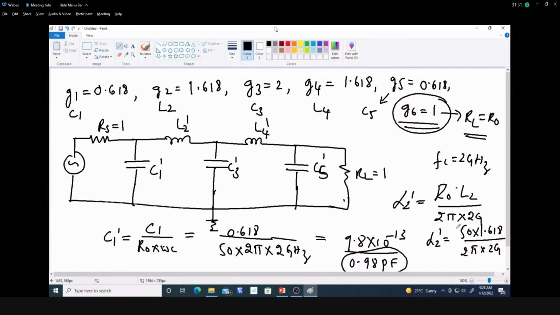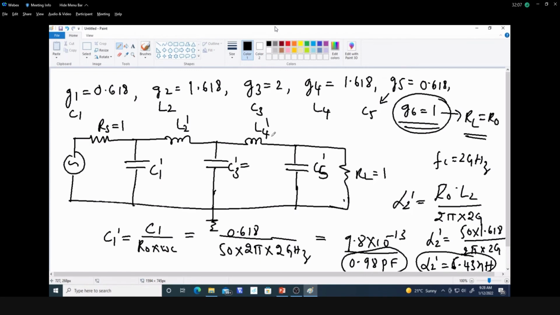So L2 dash is 50 into 1.618 divided by 2 pi into 2 gigahertz. Will it give 128 nanohenry? So now, 1.4 into 10 power 9 minus 9. Sorry, 6.43 into 10 power minus 9, 6.43 nanohenry. Yes, sir.